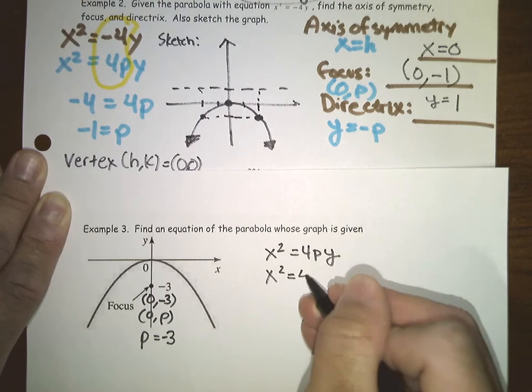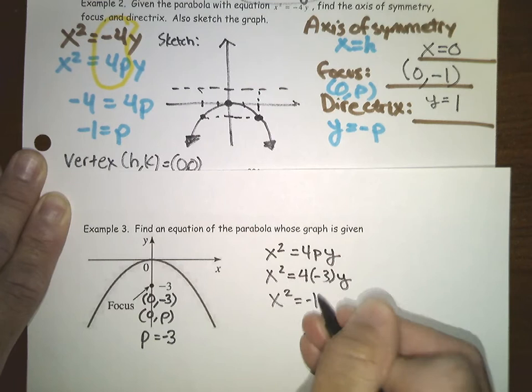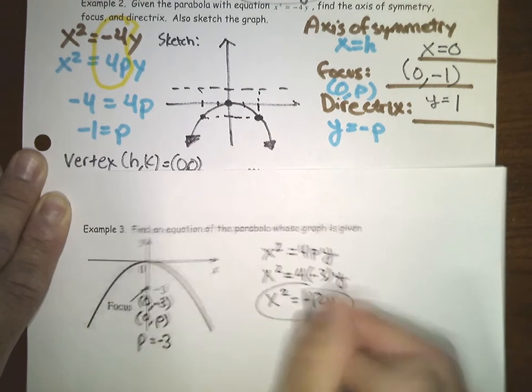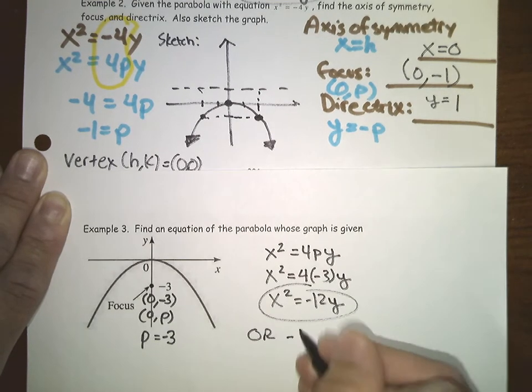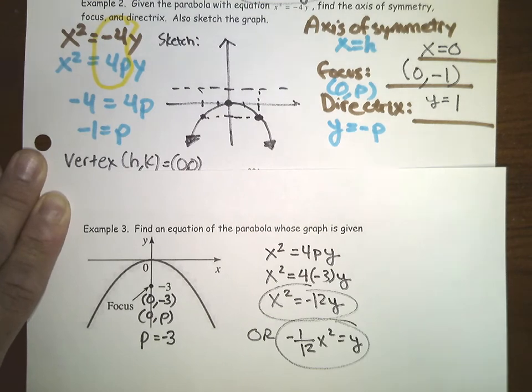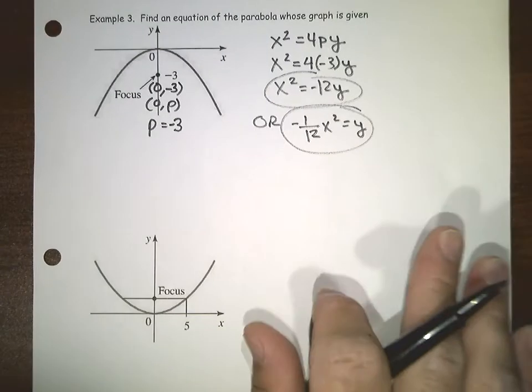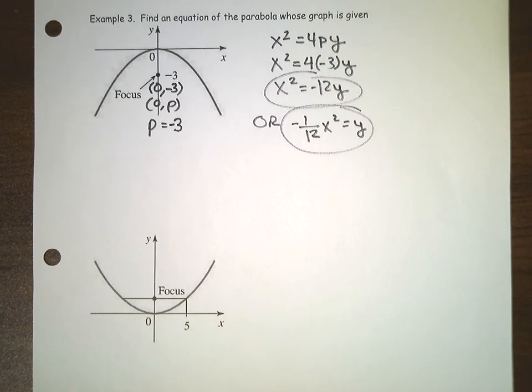So it's x squared is 4 times negative 3y, or x squared is negative 12y. Or you could write it as negative 1/12 x squared is equal to y. So either way is acceptable. All right, so hopefully that makes sense, that that one was actually not supposed to be too difficult here.